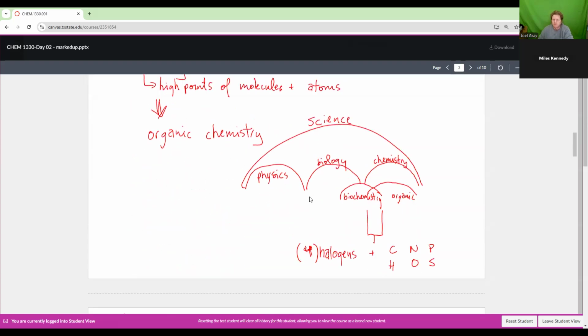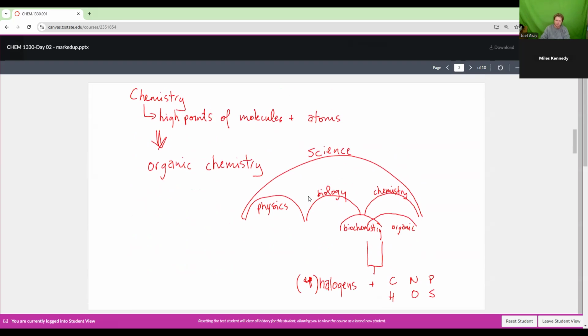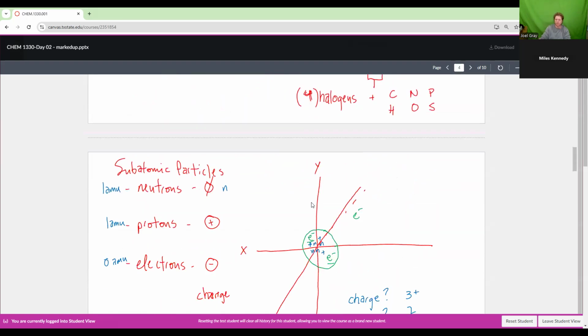Here's the big overview of what we talked about with respect to these. I think that knowing your subatomic particles, what they are by name, and their charges is going to be very valuable. So I would definitely make sure that I know that.